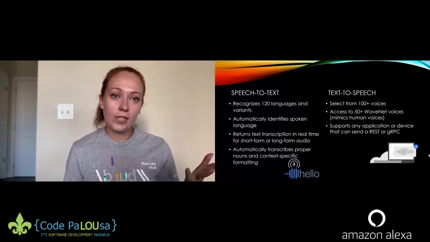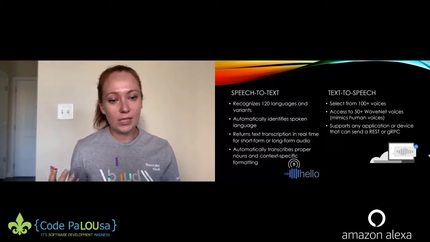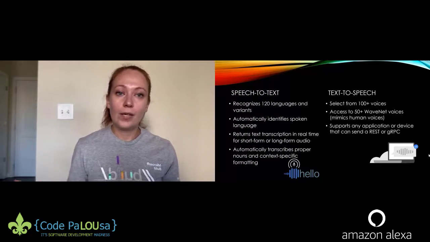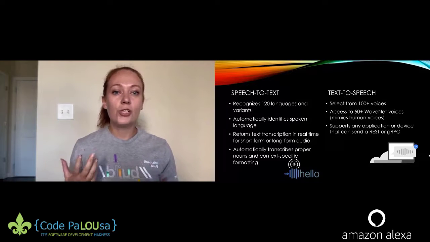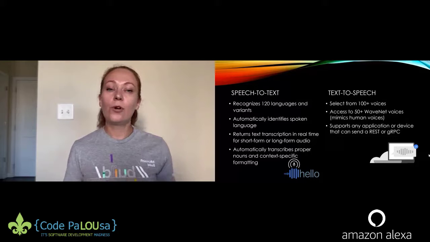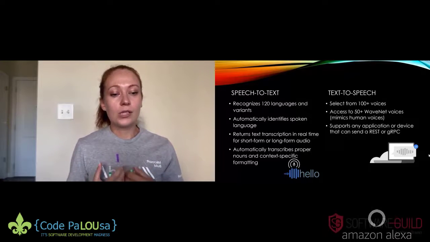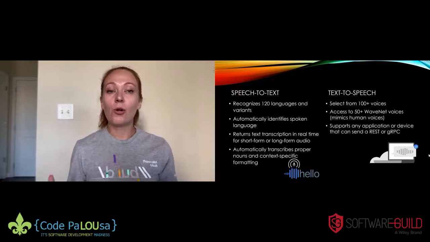Microsoft calls them neural voices. Google calls them WaveNet voices. They have a lot of them available, a little more than Microsoft offers. But you need to check what is more important for you. You need to check the prices for those WaveNet and neural voices. So it's totally up to you.